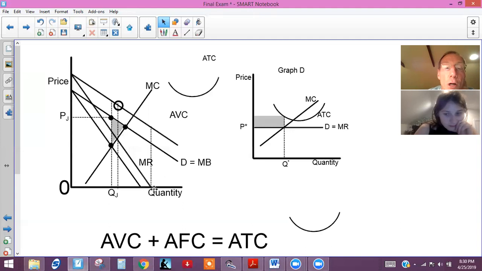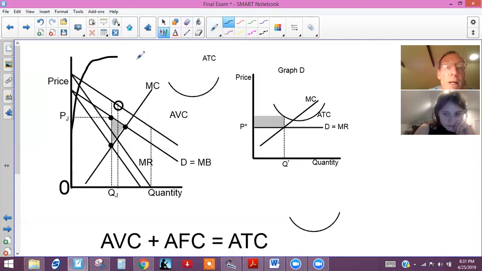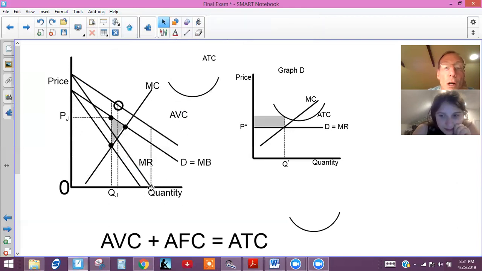When marginal revenue is zero, total revenue, which is a curve that looks like this, I can't really draw it very well, but it's where marginal revenue is zero that total revenue is at that one point. The slope is zero, and it's a maximum, right? No change.